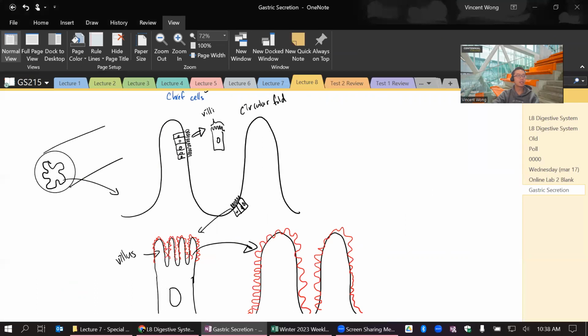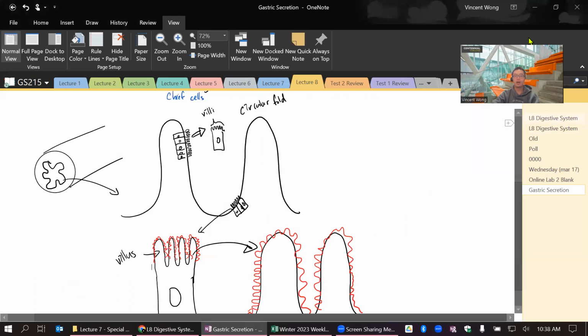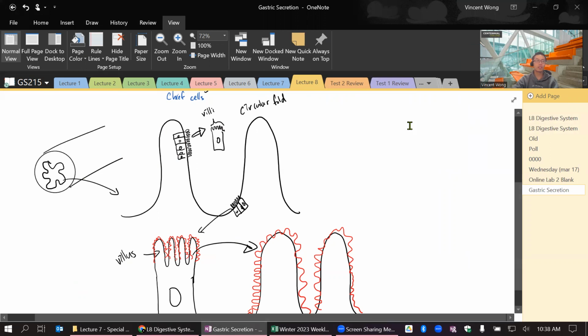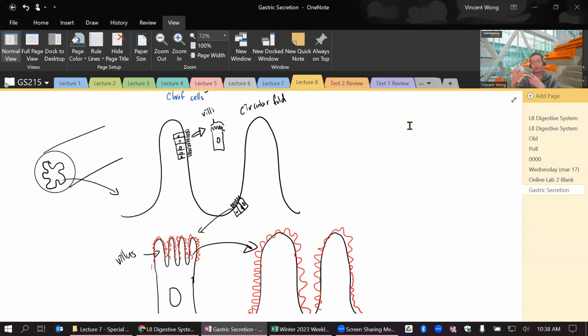Okay, Min has a question. Why do seniors lose external sphincter control? Well, that's a very good question. As with many things in the body, as you age, the neuronal connection might not be as strong anymore between certain parts of the body. It's not just the external sphincter that you lose control of.